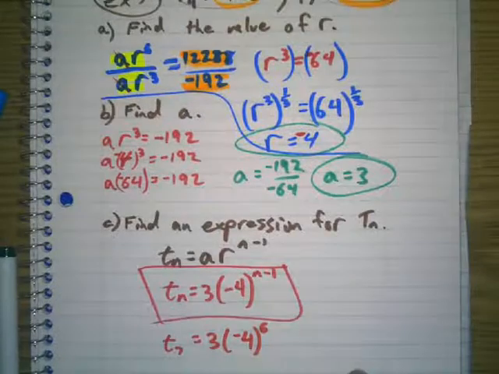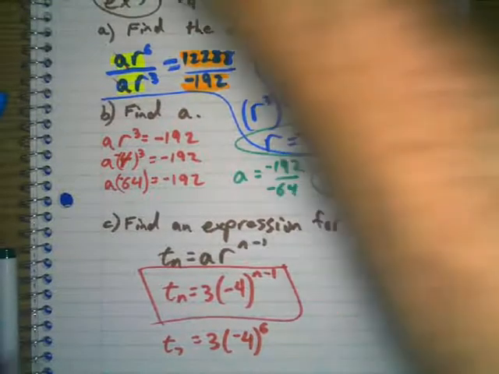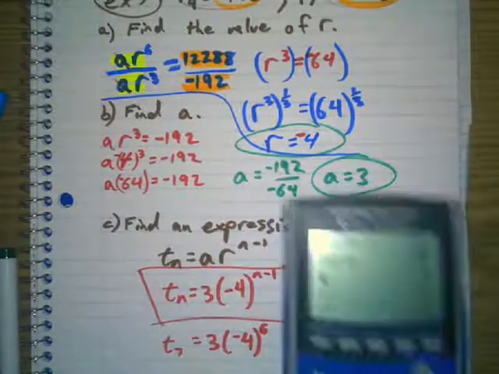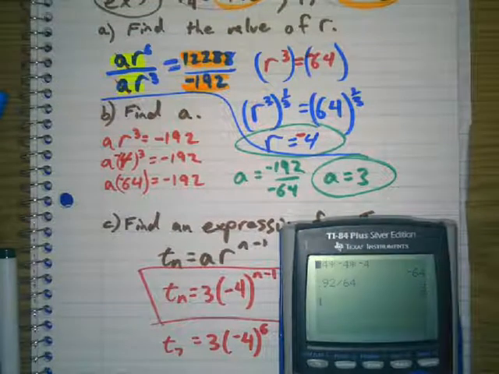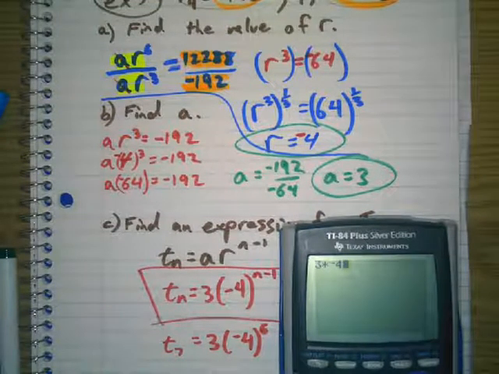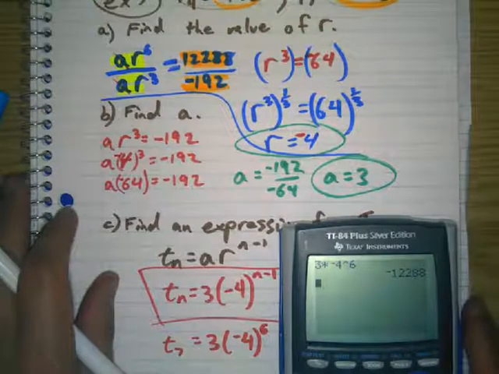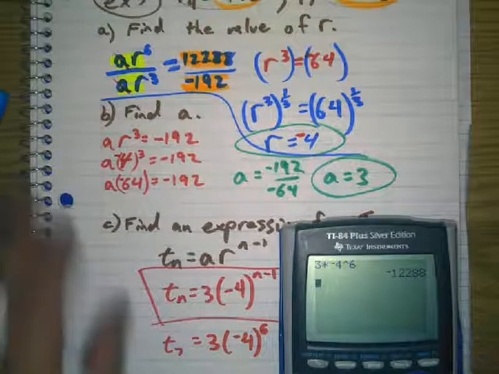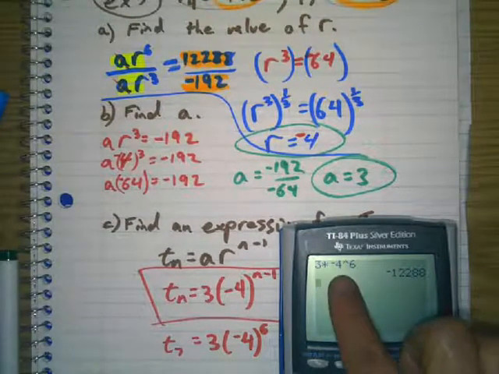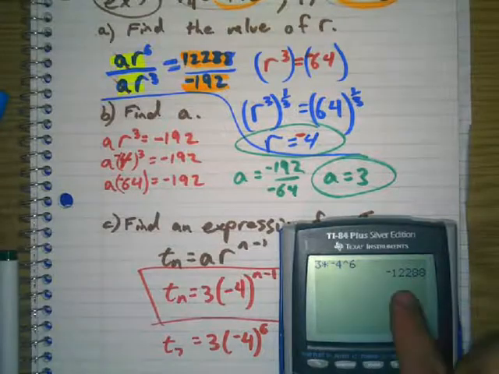Let's see if that works. Three times -4 to the power of 6. And, oh, I made an order of operation error because this is not correct.